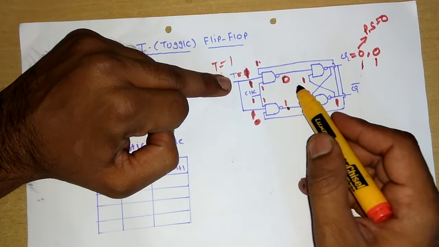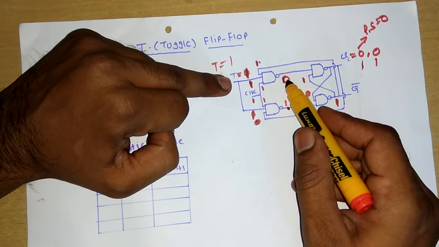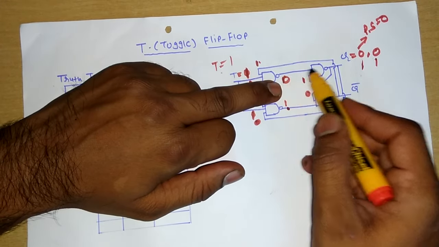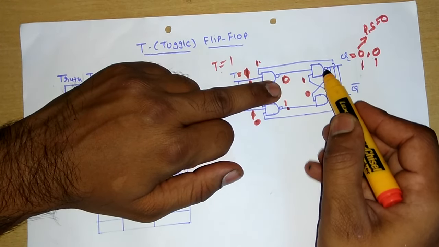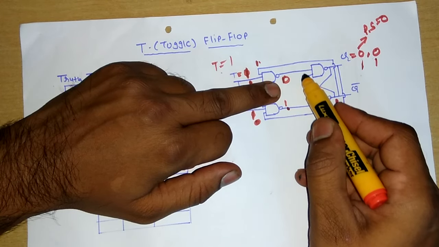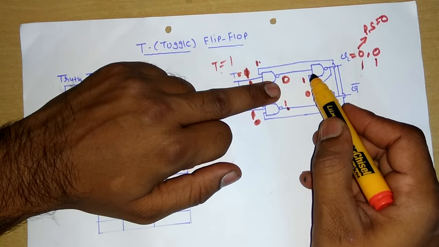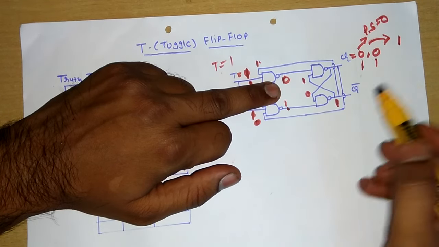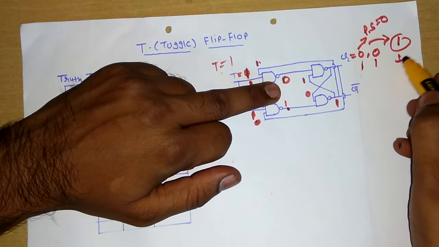Now what happens? Here your output becomes 0. When your output becomes 0, this 0 is applied as an input to the next NAND gate, and if a NAND gate has any input as 0, your output immediately becomes 1. So 1 will be my next state.